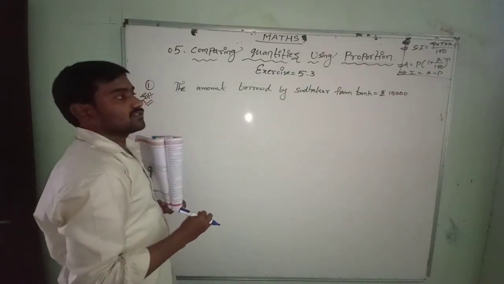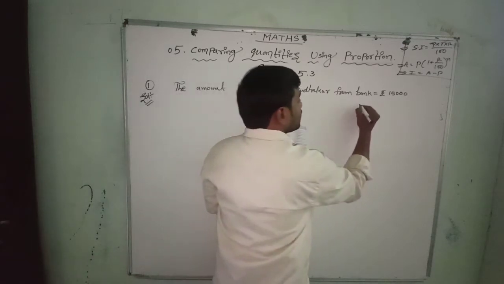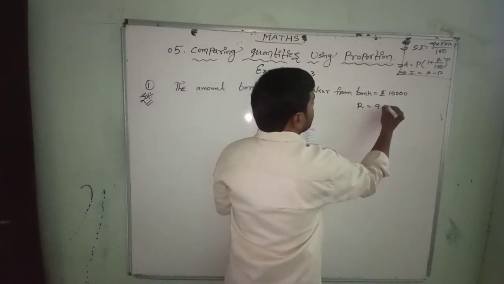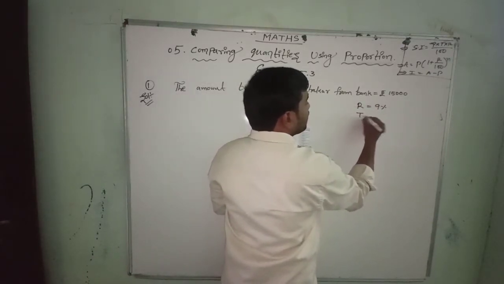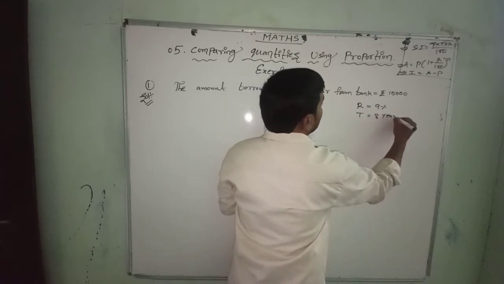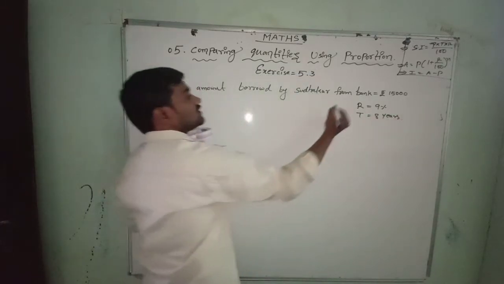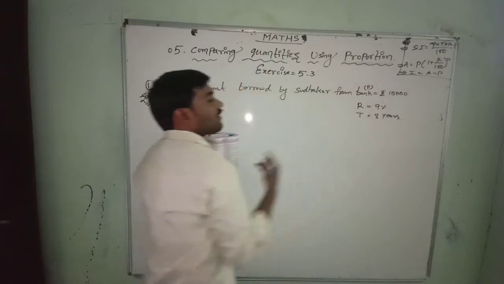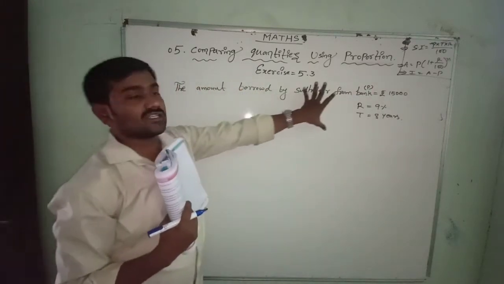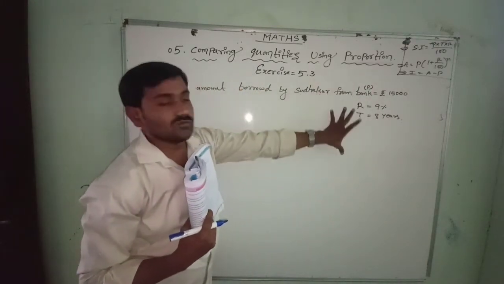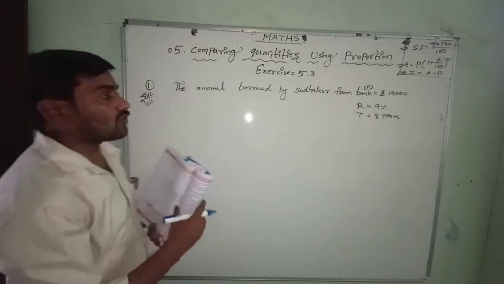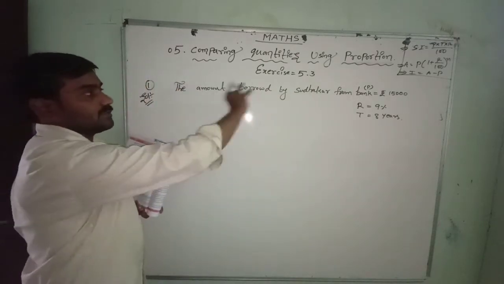Then the rate R equals 9% and time T equals 8 years. So this is the principal. From now on I will write only P, R, T and these values. We have to understand and make mathematical statements like this.